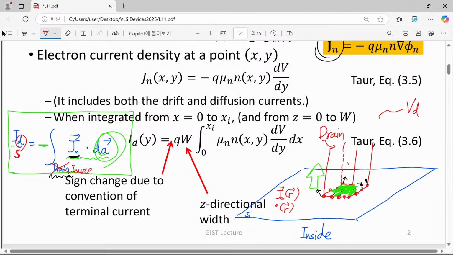That's it. This is the general expression. If you want any kind of terminal called alpha, then you have to perform the surface integral over the alpha terminal. Then that's it. For example, alpha can be the body.